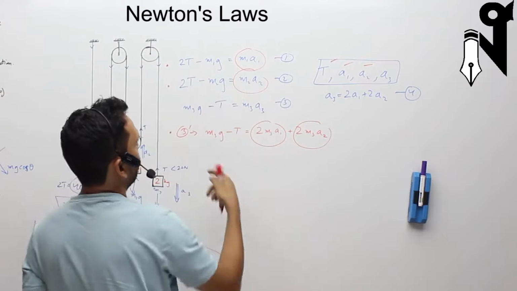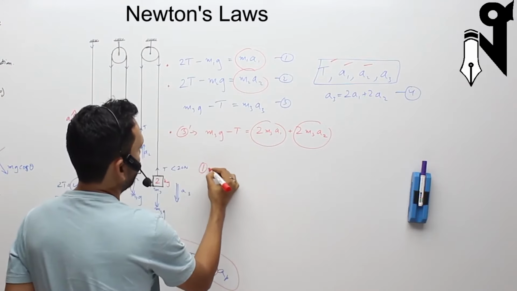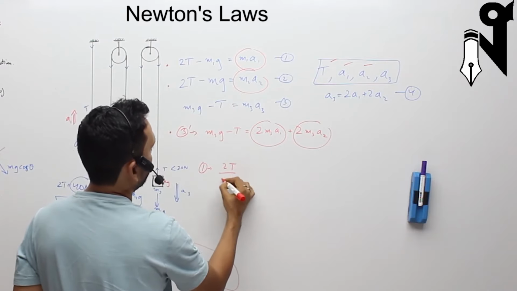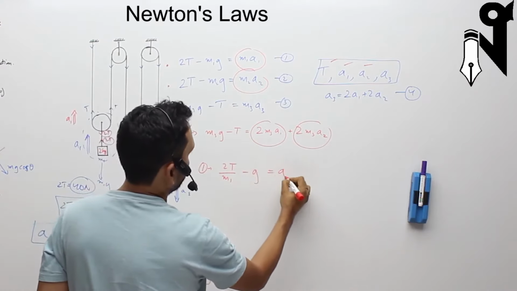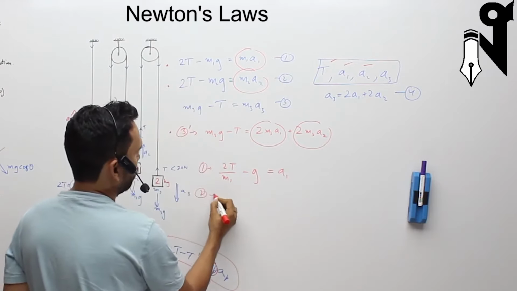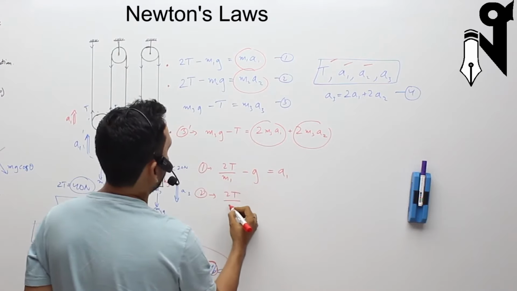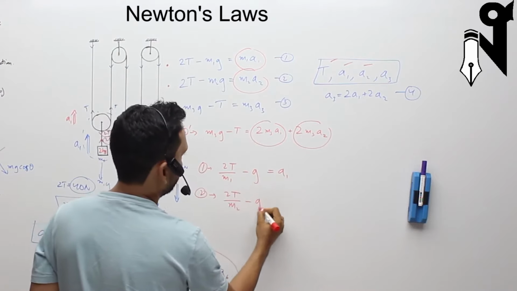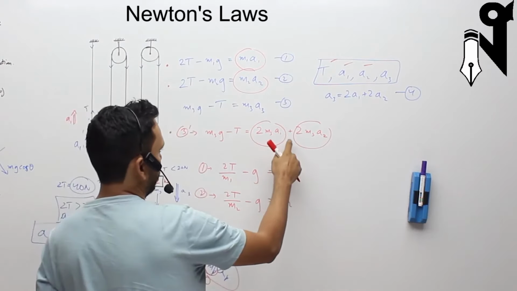So how much is a1 from the first equation? From equation 1, a1 is 2t by m1 minus g. From the second equation we have a2 is 2t by m2 minus g, which we can plug in over here.